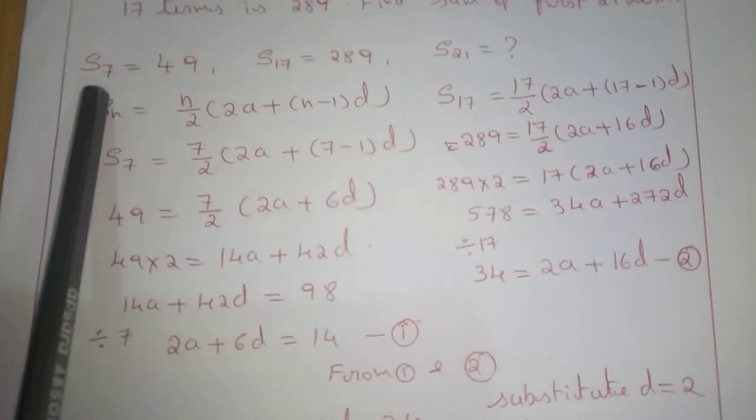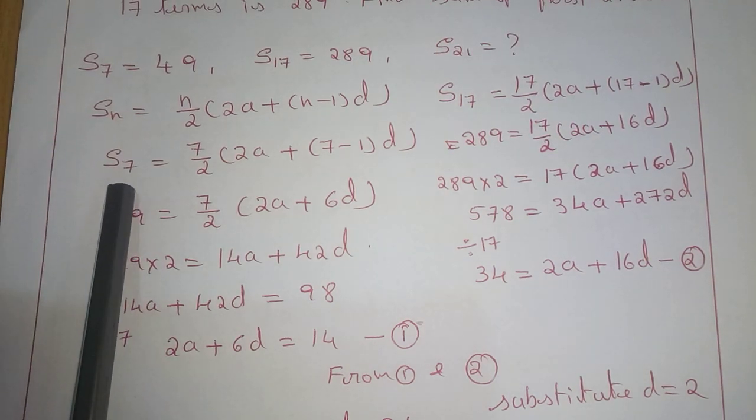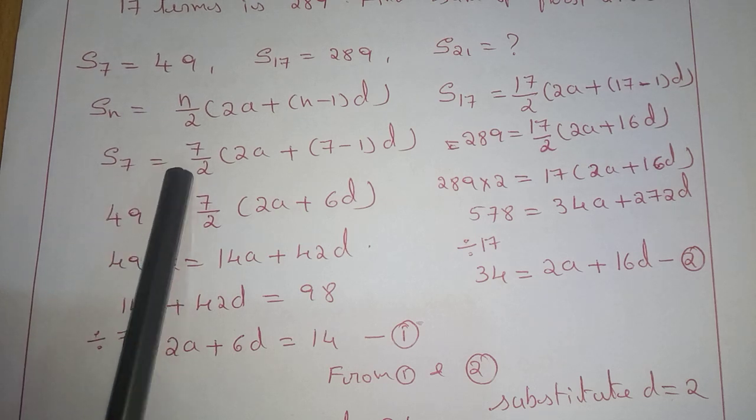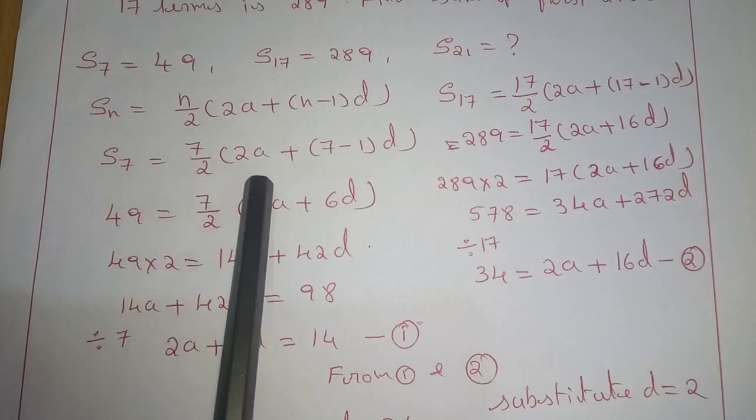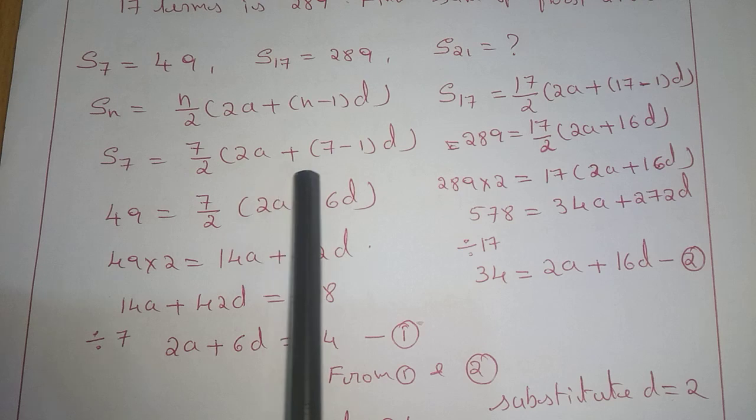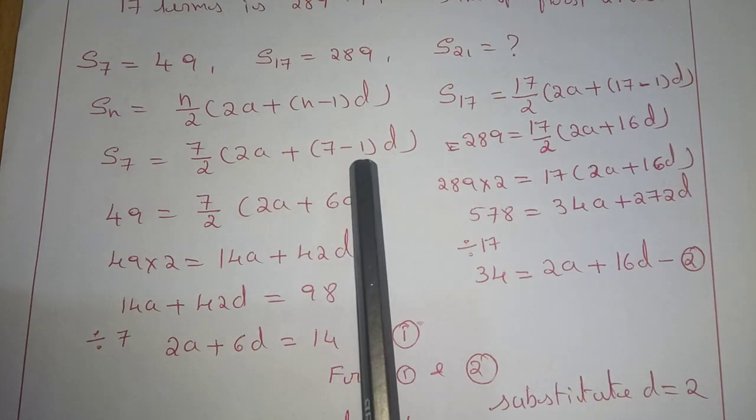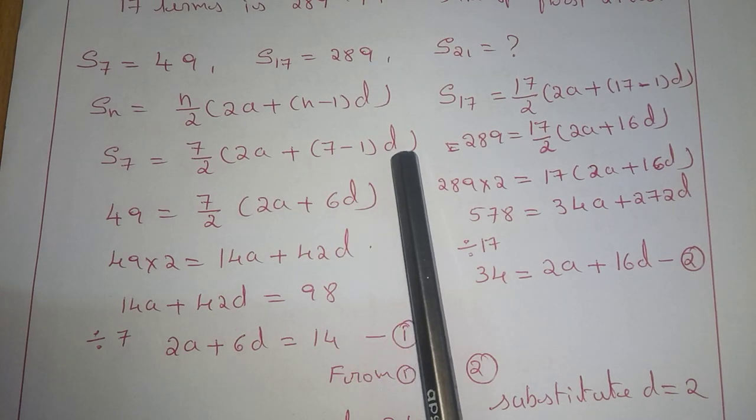First we will substitute for S7. S7 is equal to 7 by 2 into 2a plus 7 minus 1 into d.